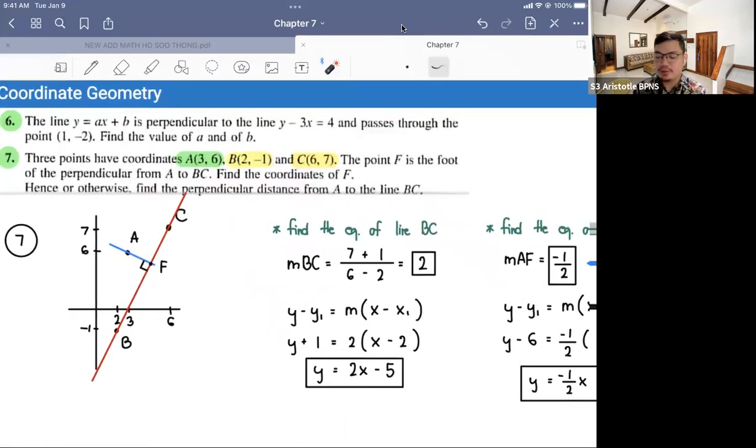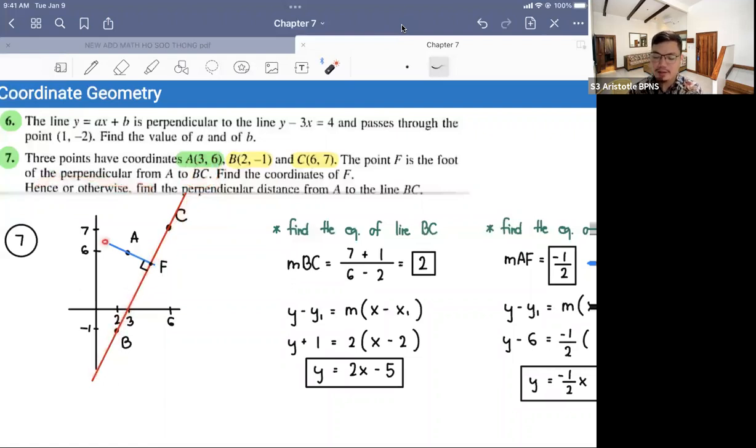So first things first, you make a sketch of these three points. As you notice, your three points will be like this. BC, that is your first line. And it says here, point F is the foot of the perpendicular.